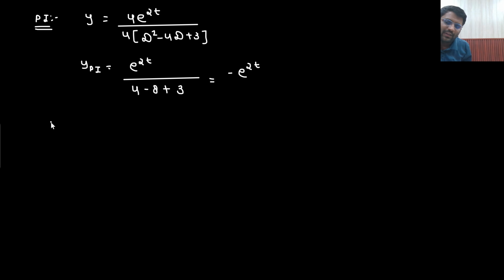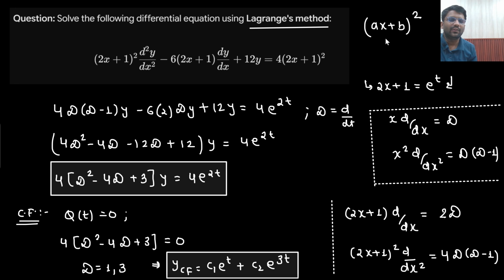So what is the value of y you are getting? The value of y we are getting is C1 e to the power t plus C2 e to the power 3t minus e to the power 2t. Now what is the value of e to the power t? Sir, e to the power t is nothing but 2x plus 1.